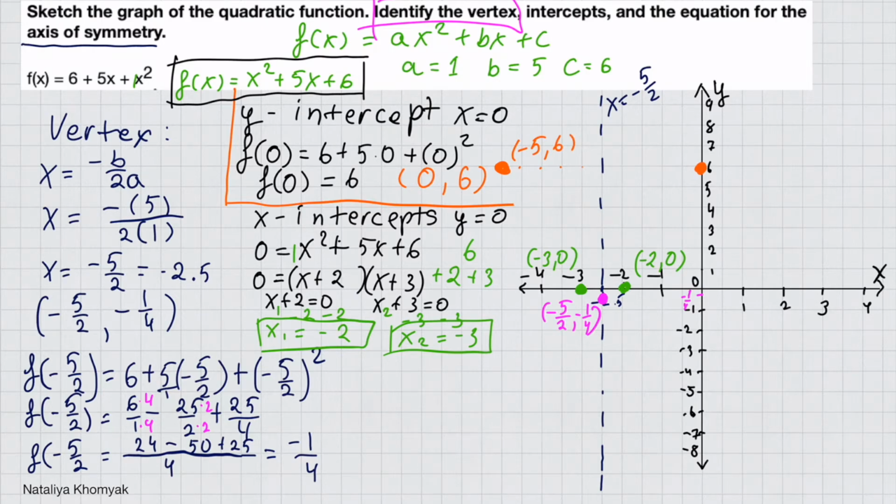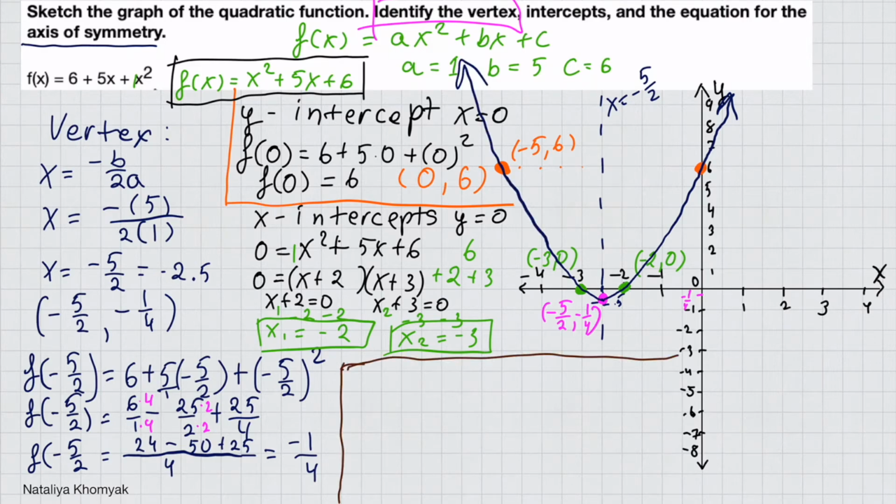If you are not sure, you can just substitute x equals -5 into the original equation, and you will see we get y equals 6 again. So to complete the graph, we just draw our parabola through the points, and it keeps going forever this way.